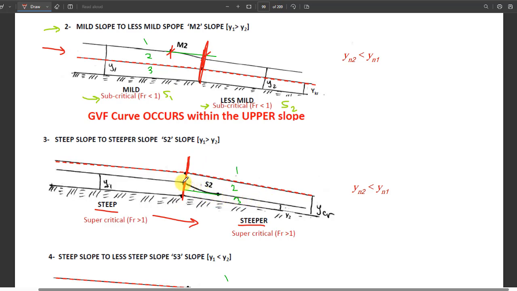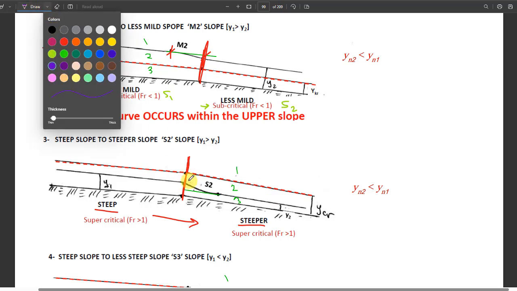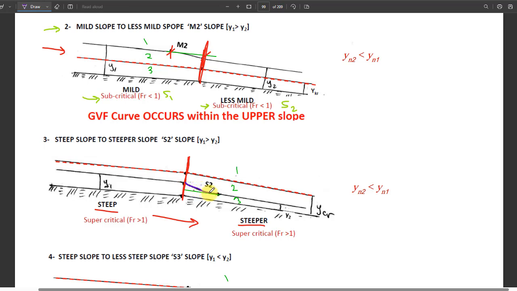This is the new depth, that is the above. So you try to connect it. If you connect them, it will be like this curve. Then put the numbers. In the supercritical case, you should number the right side. So 1, 2, 3. We are in layer 2, so it will be S2.